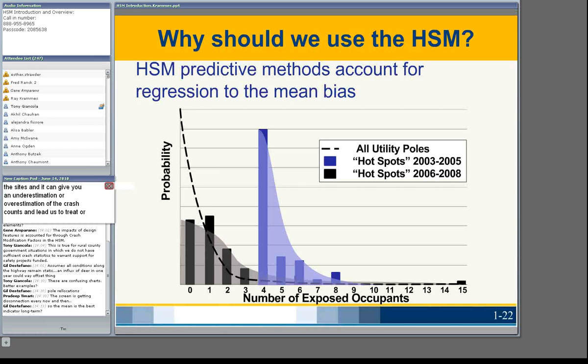the Highway Safety Manual, how it relates to the project development process, beginning with plan, which is human factors. There's a lot of discussion on the role of human factors in roadway safety.